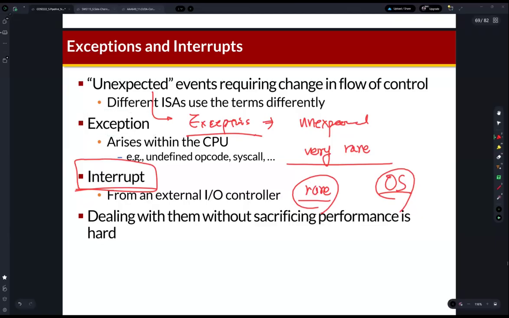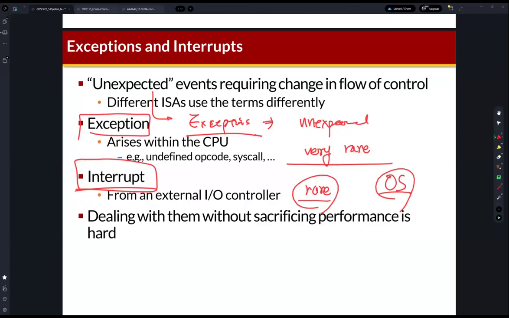If the CPU detects an exception, the CPU calls the exception handler. The exception handler is also software. The operating system has this exception handler code, and the CPU calls it, executes the instructions in the exception handler, and then returns to the exception point.